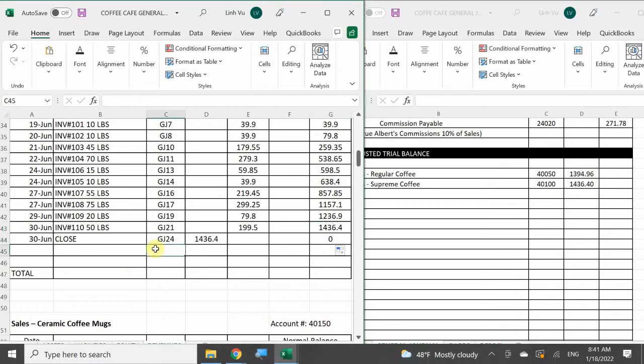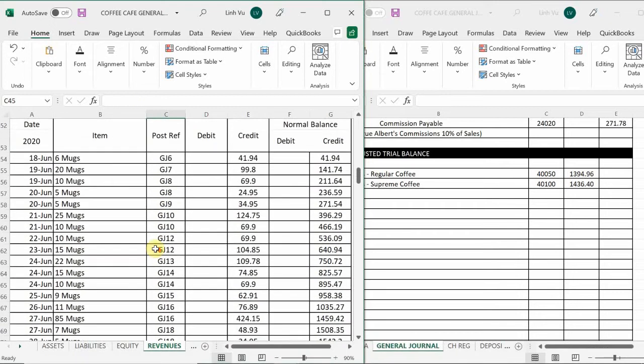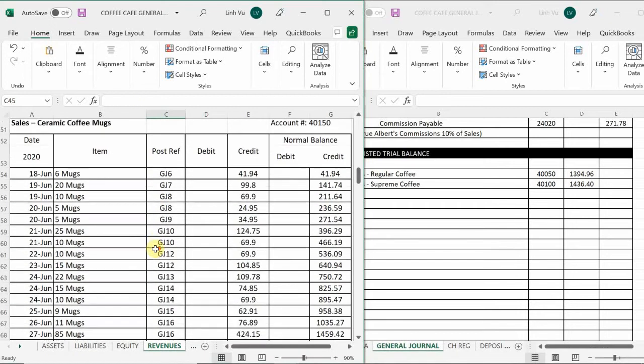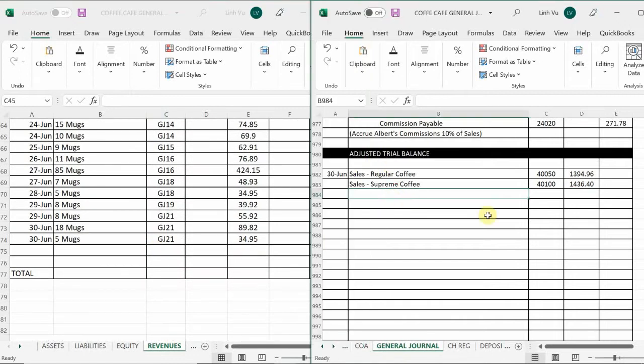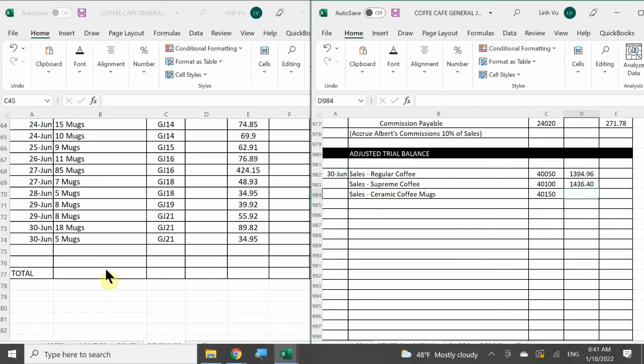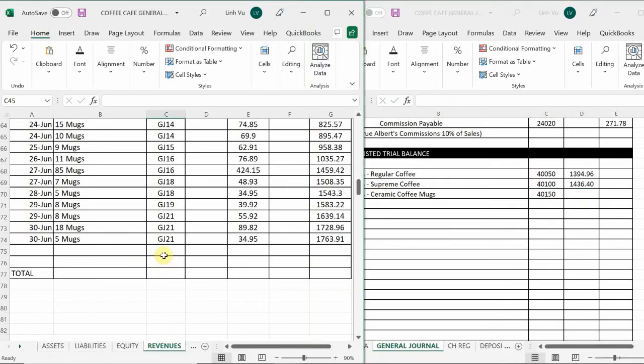All right, the next account is our sales for ceramic coffee mugs, for the amount of $1,763.91.